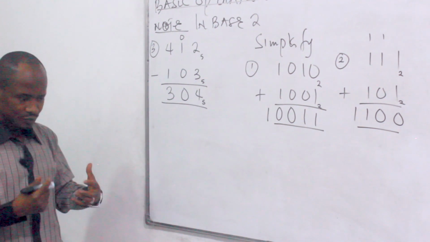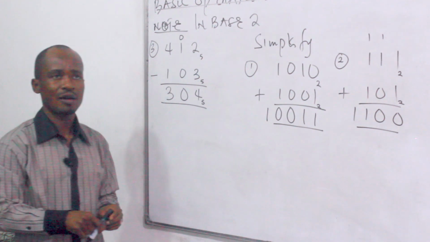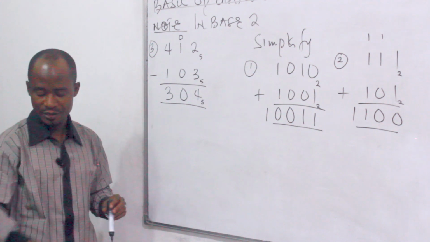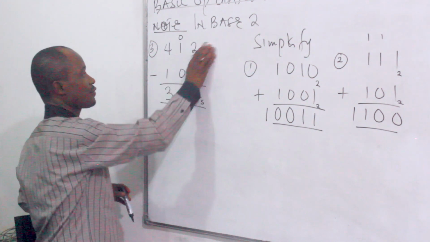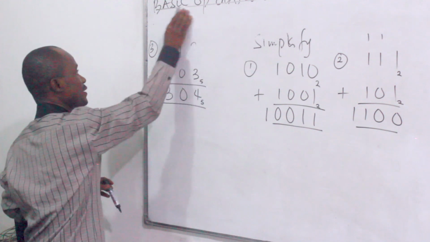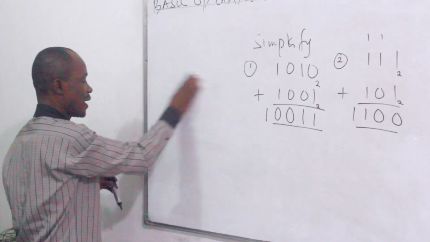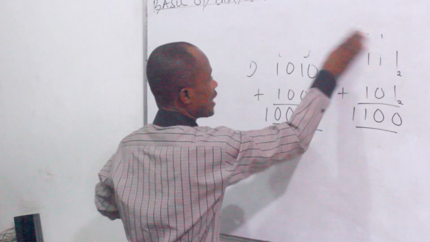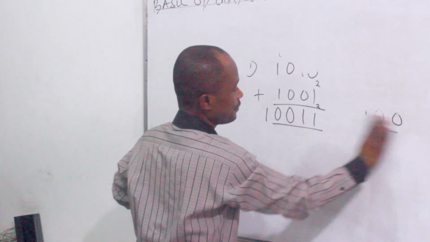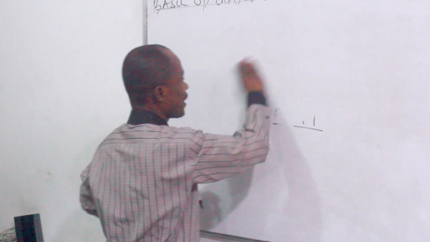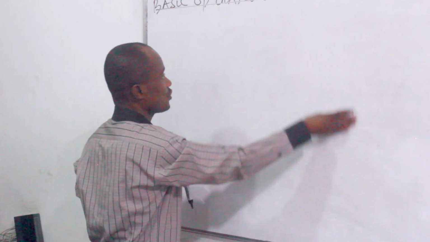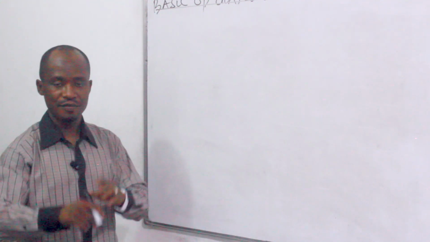But the major problem the students normally encounter is conversion of number bases. How can we convert from one base to another? That is from the natural base to other bases, or from other bases back to the natural base. When converting a number from the natural base to other bases, we are expected to use the long division method.